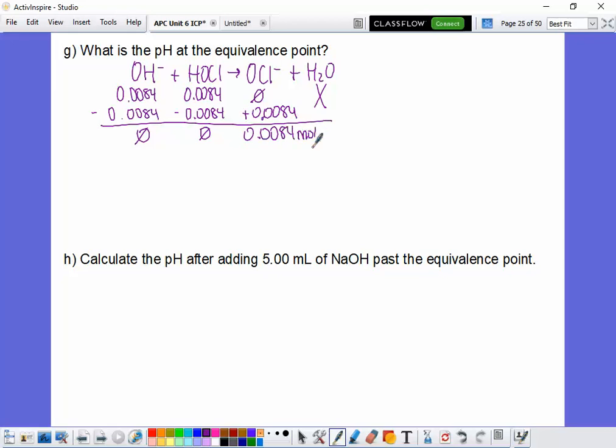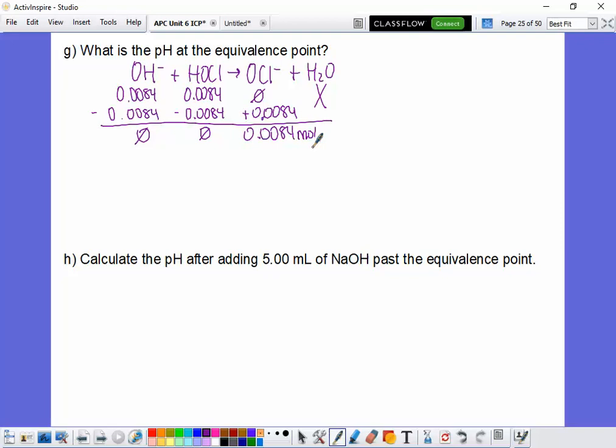And remember, what scenario is this? Three. Scenario 3, where all we have left at the neutralization point is, because remember, don't forget, an acid plus a base forms water and a salt.